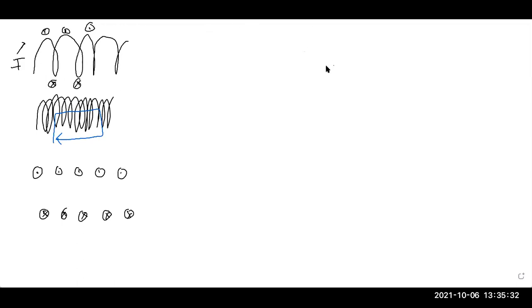And our Amperian loop will be this rectangular path.